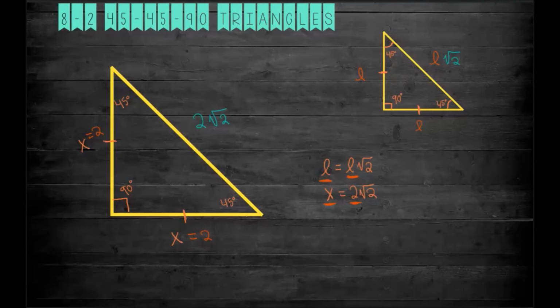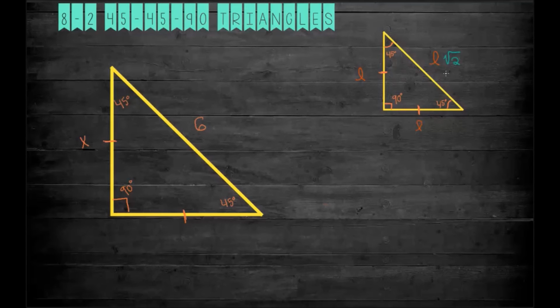Alright, let's look at one more example, a third example. Let me reset our triangle here. So let's look at a triangle where we want to find the length of the leg, so this x, but our hypotenuse is now 6.